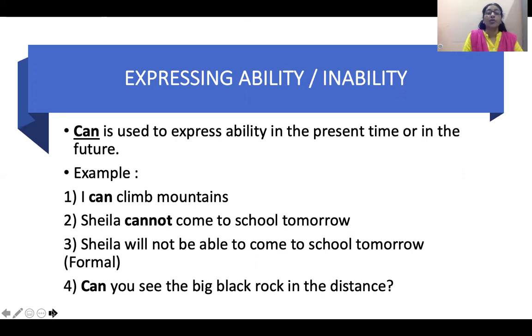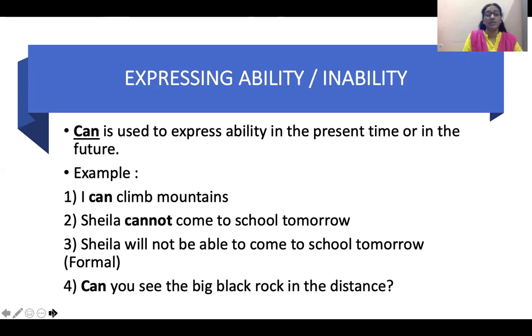First one we will learn about: can, C-A-N, can. Can is used to express ability in the present time or in the future. For example, I can climb mountains. It shows the ability. I am able to climb mountains. Sheila cannot come to school tomorrow.